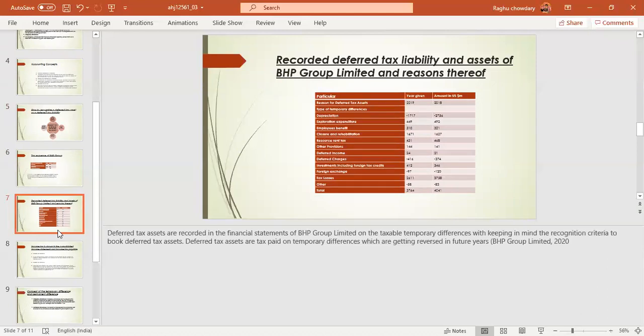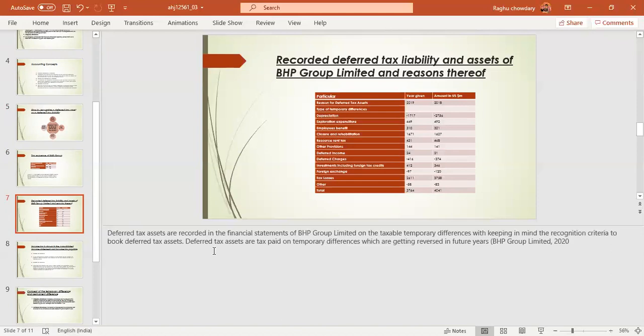You can also see that the employee benefit has been reduced to 310 million from 321 in 2018. We can also see the other provisions have increased in 2019 to 144 millions from 141 in 2018. And these can be recorded in the financial statement of the BHP group.